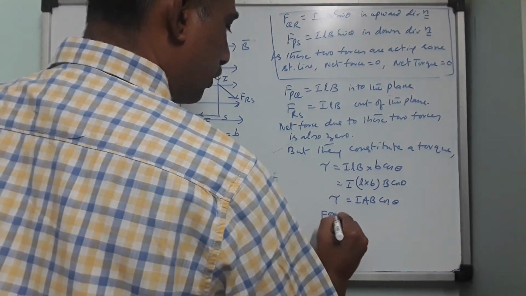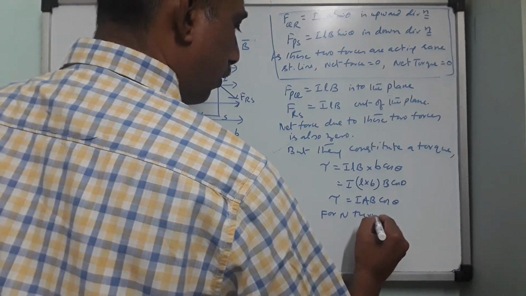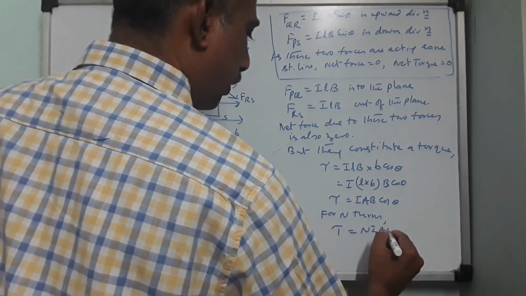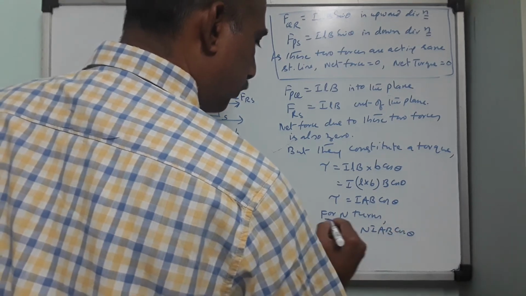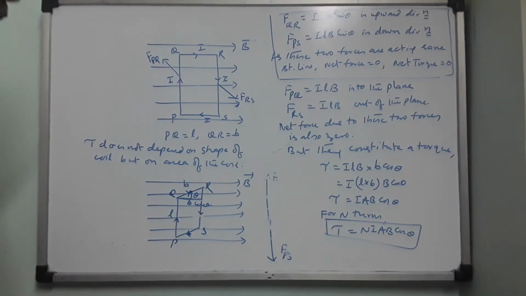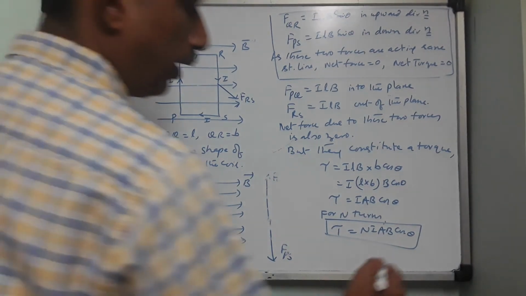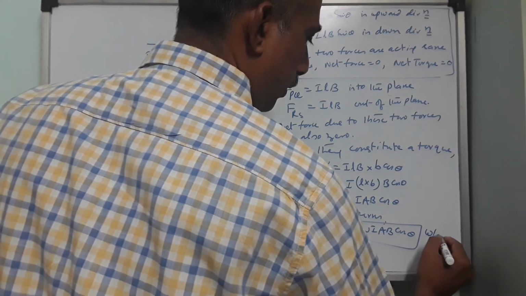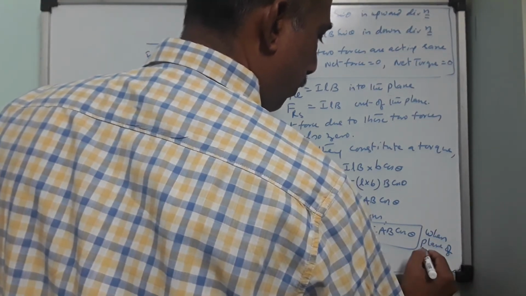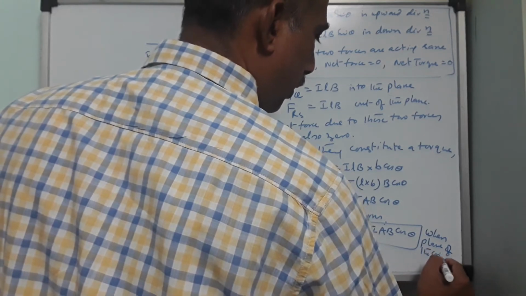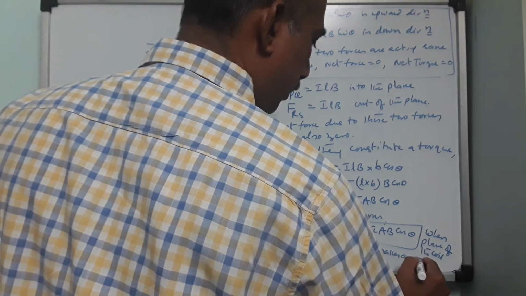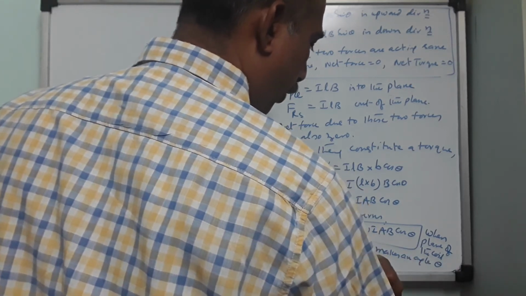For n turns, tau equals NIAB cos theta. This is one formula, children. This is when the plane of the coil makes an angle theta with the field.